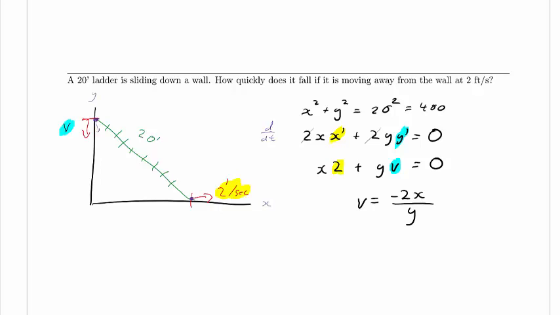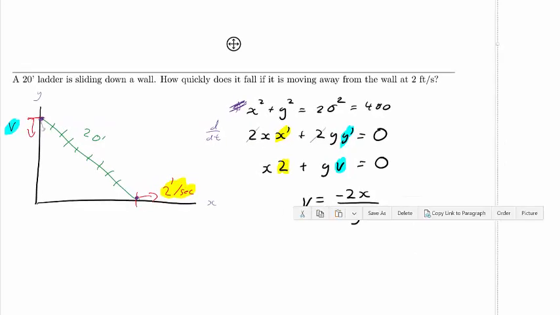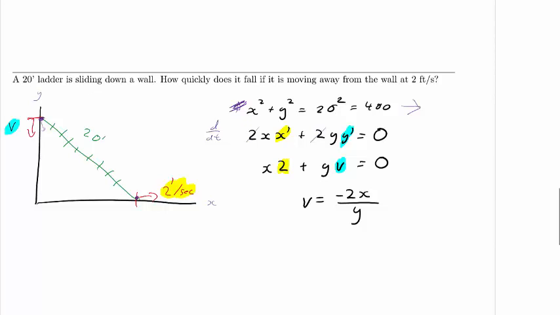To do that, we've got to come back to this equation right here and solve for y in order to get rid of this y. So we're going to come off to the side here.